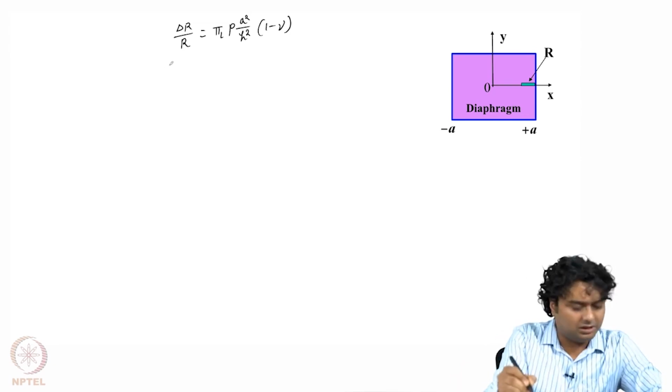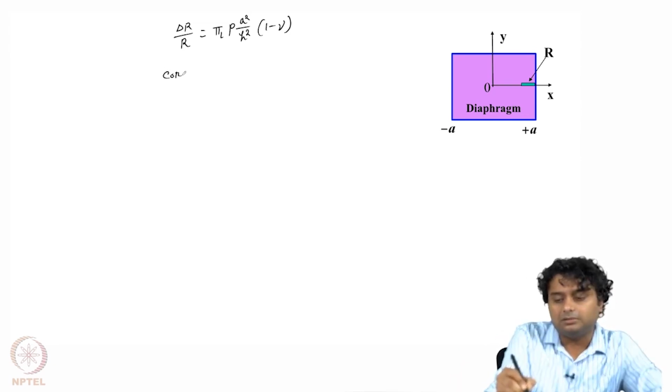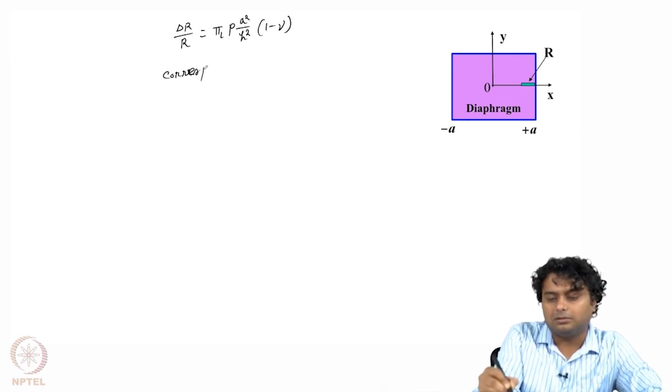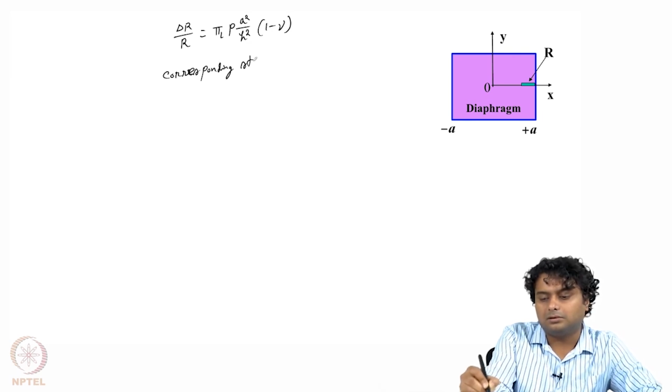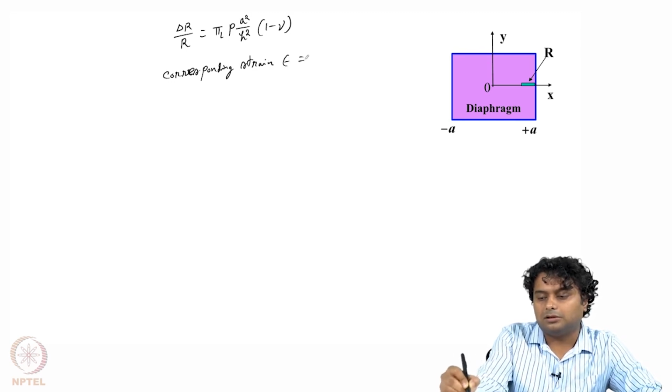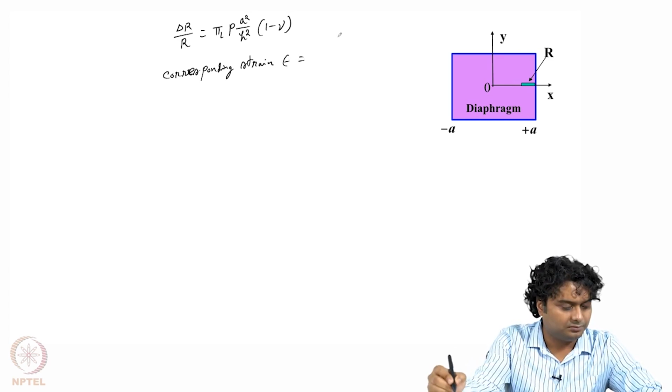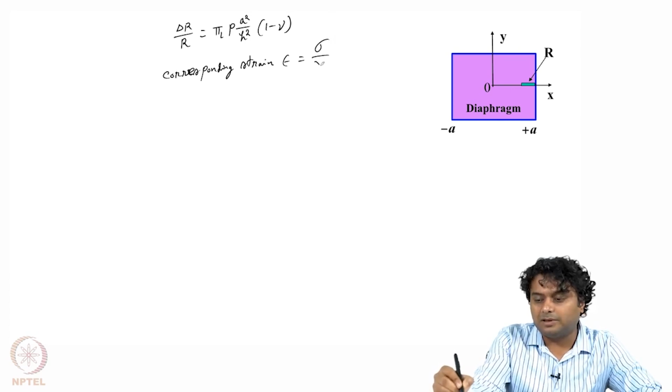And what will be the corresponding strain? Epsilon is equal to sigma by Y, where Y is our Young's modulus.